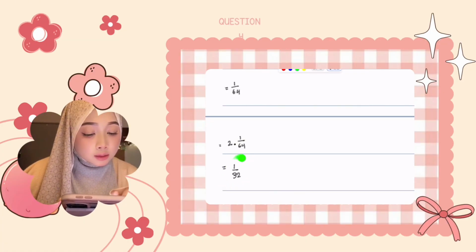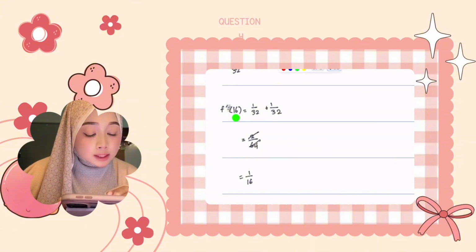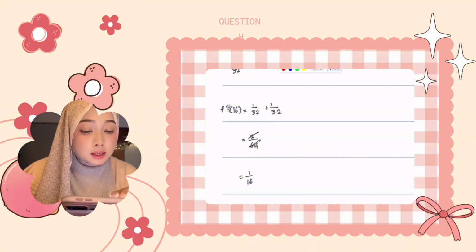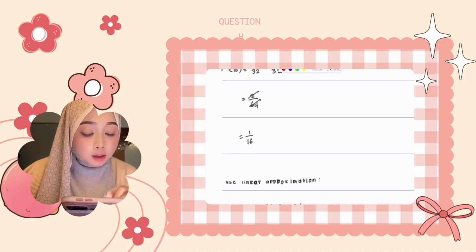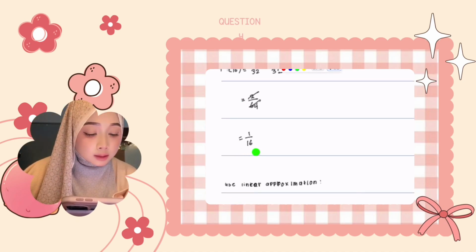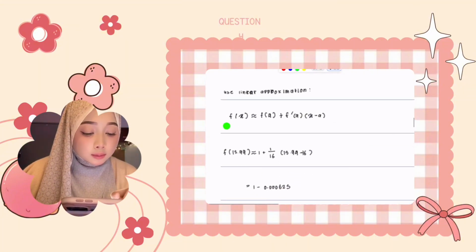So we will solve it with 2 multiplied by 1/64, and we will get 1/32. So our f'(16) will be 1/32 plus 1/32, and when we simplify it, we will get 1/16.